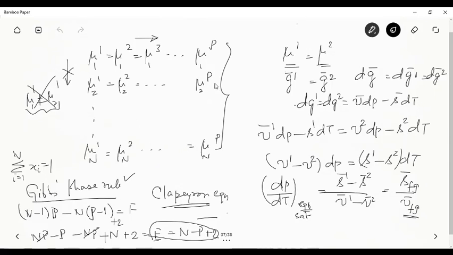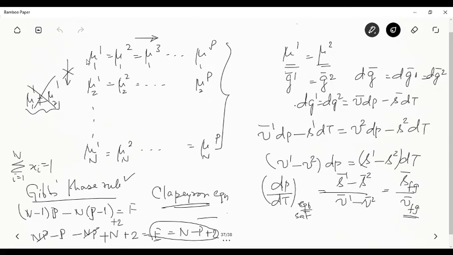So there are p minus 1 equations in each species, and there are n species, so n into p minus 1 constraints. In order to specify this state completely, the total number of variables would be, since out of this, n minus 1 are independent because the mole fractions would add up to 1, right?